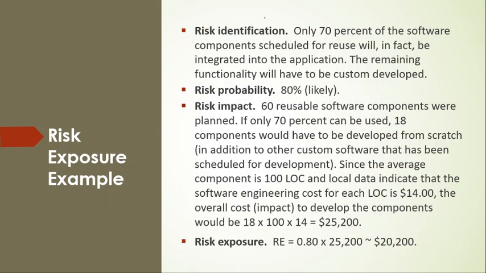Here we'll pick up this example. Imagine we have identified the risk that only 70% of the software components scheduled for reuse will in fact be integrated into the application. The remaining functionality will have to be customized. Then our risk probability is 80%. This is what we do during risk identification in this example.